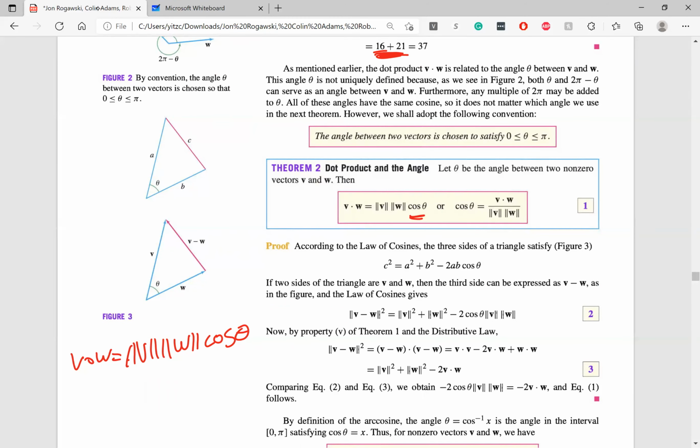Generally, I don't recommend that people memorize stuff. I think it's important to understand things. But in this case, for the dot product, there is one thing you should memorize, and that's this. And for the cross product, there's one thing that you should memorize, and we'll talk about that when we get to the cross product.